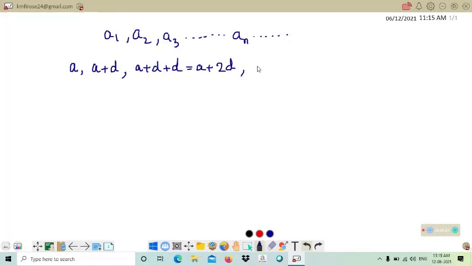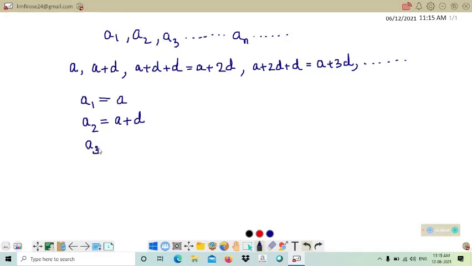Now what will be the fourth term? To this a plus 2d, you have to add d again. Then you get a plus 3d. Okay, so this is the fourth term, etc. So we can write the first term is a, and the second term a2 is equal to a plus d, the common difference we have to add.